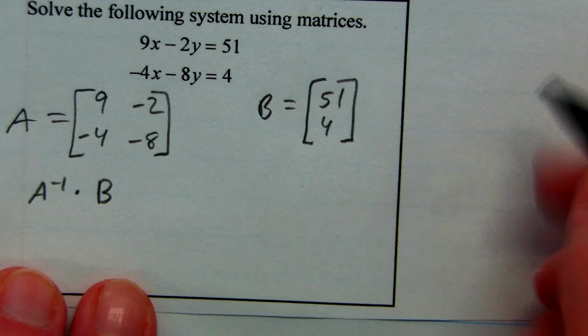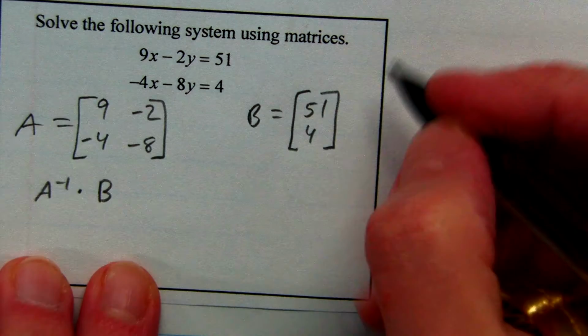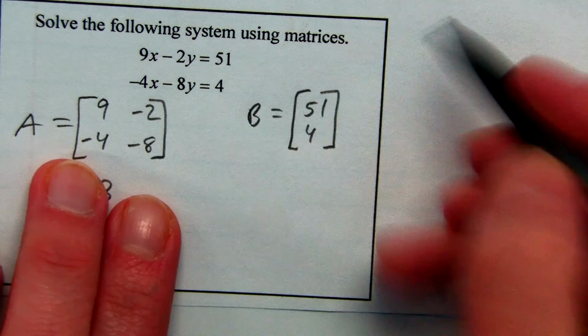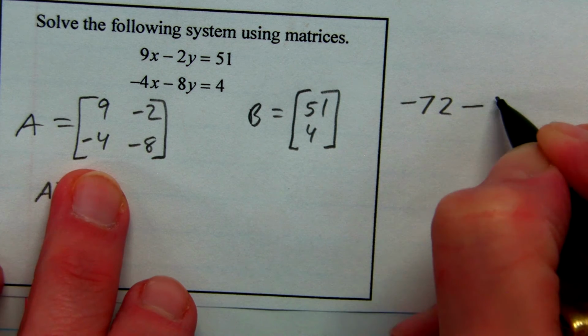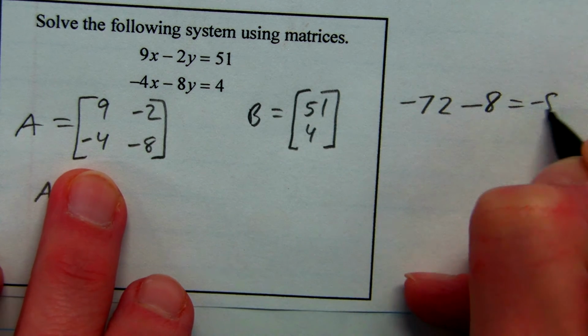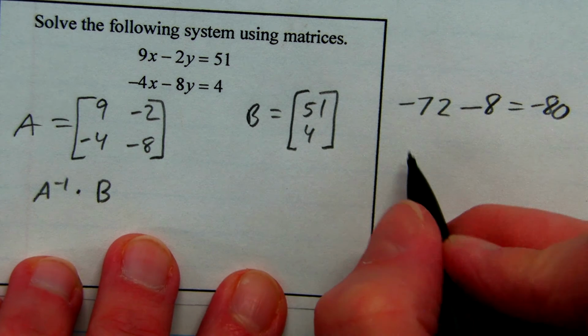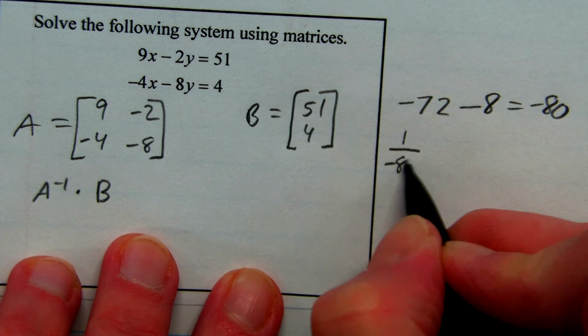Since we have this space over here to the side, I'm going to use that to do the inverse. So if we do the determinant of this matrix, I would get negative 72 minus positive 8, which gives me negative 80. So 1 over the determinant.